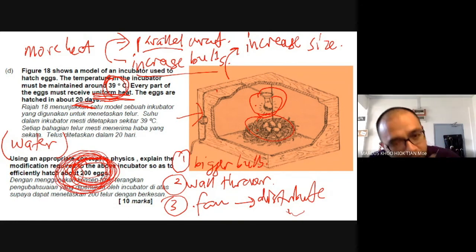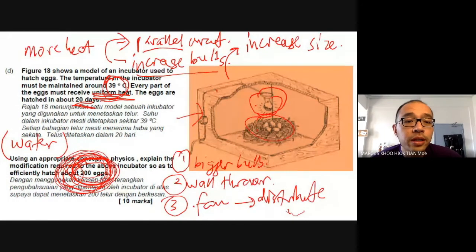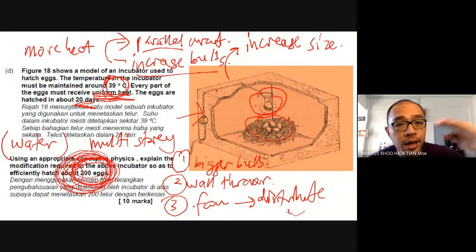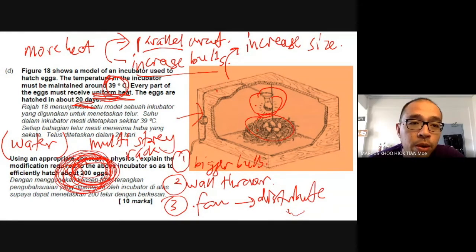Jacinta, give me one last suggestion. There are many suggestions, just ask for one more. Multi-story rack. Multi-story rack, okay. Multi-story means dia adalah satu rak yang bertingkat-tingkat. Why multi-story rack? More eggs can be arranged.